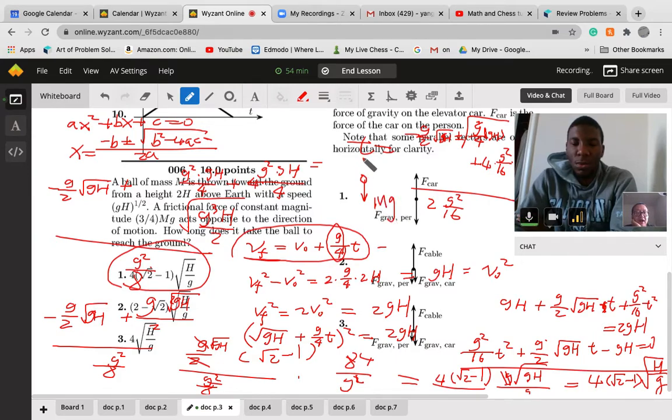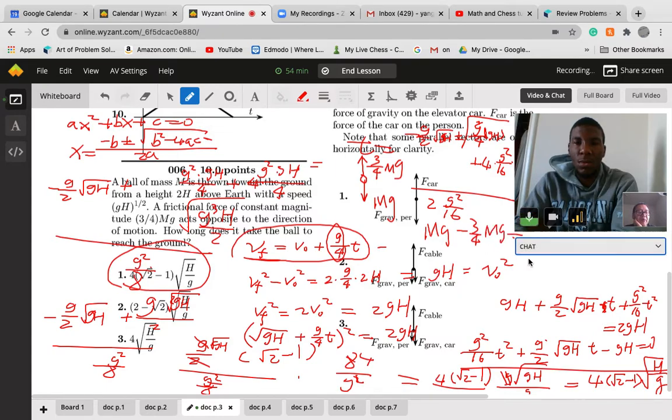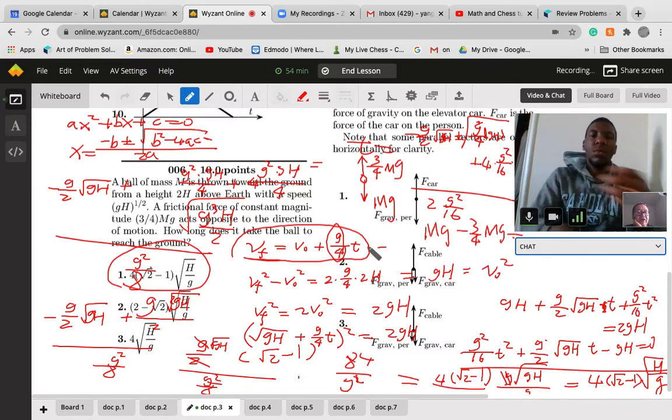One is gravity, another is frictional force. That's 3 forces: m times g in the up direction, mg in the down direction. So then we get mg minus 3 fourths mg, then this one equals ma. So then we can solve and get a equals g over 4.